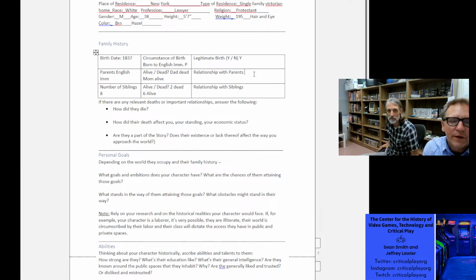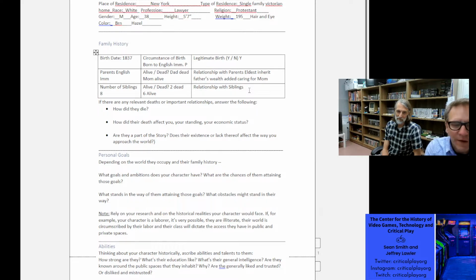I imagined him as the eldest who inherits the father's wealth. Good old primogeniture. And he has also the added responsibility of caring for Mom. So he's a grumpy 19th century man.